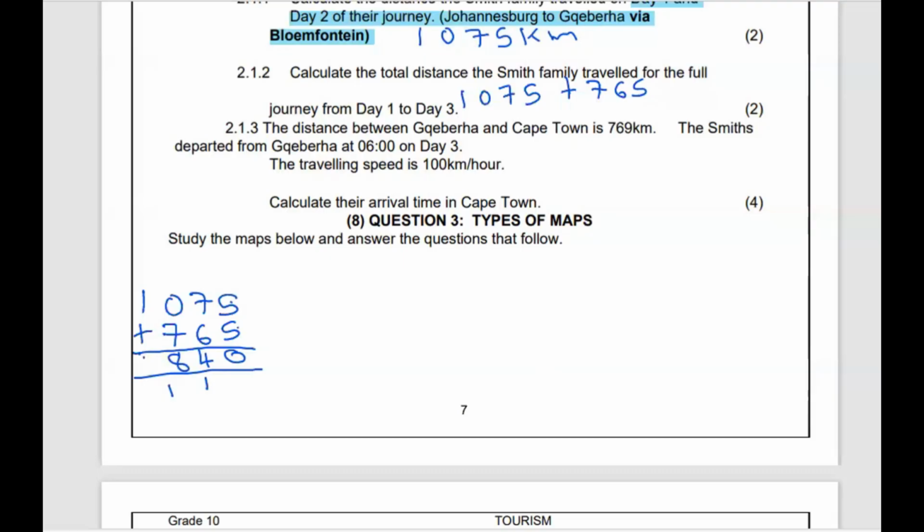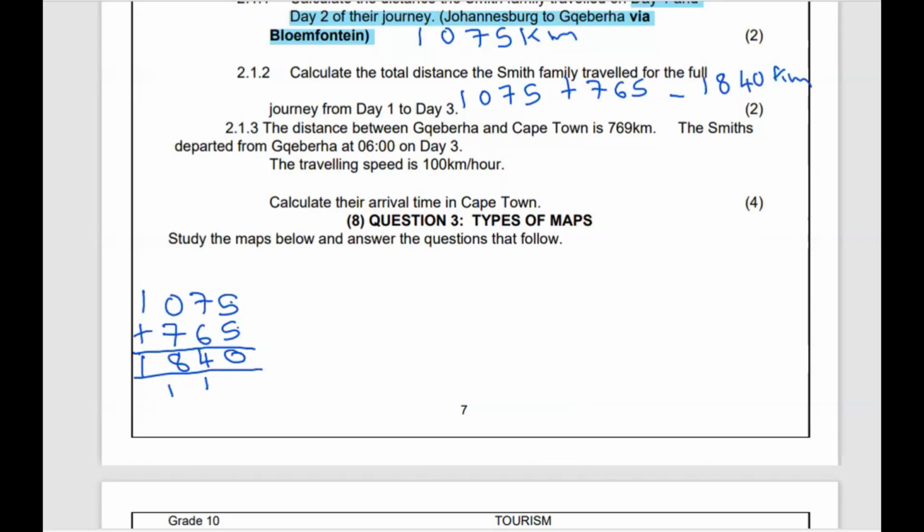Then 1 plus 0 is 1. So the total distance which was traveled is 1,840 kilometers.